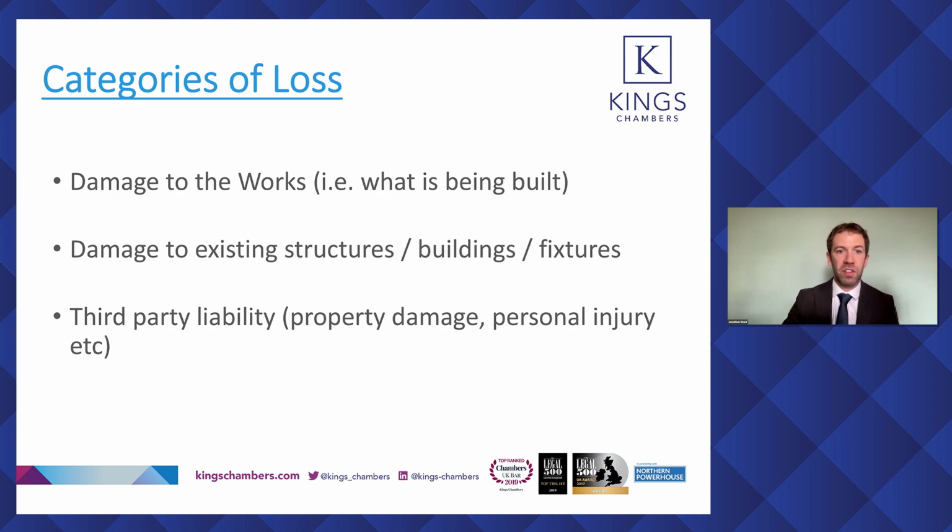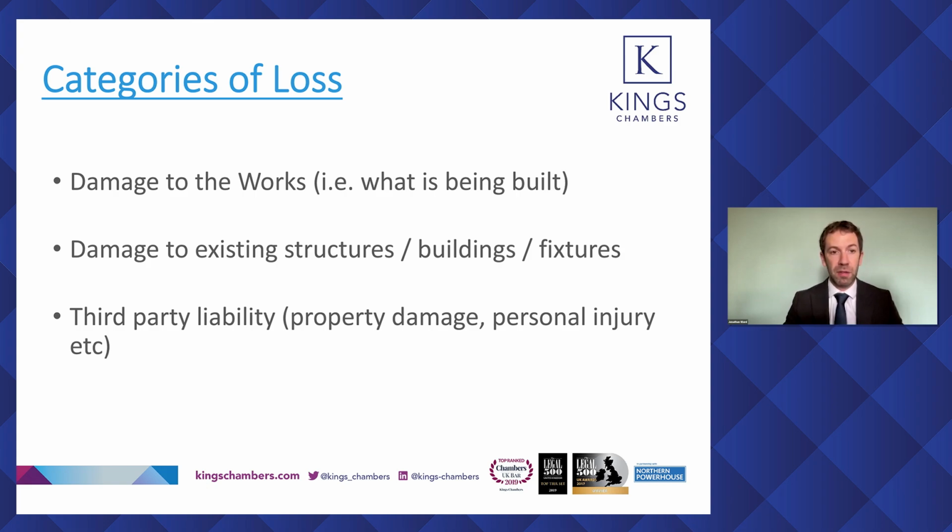And often it will be the position regarding existing structures where things get interesting, as we'll see, particularly if relatively minor works are being carried out to only part of a large or expensive or complex building or structure.